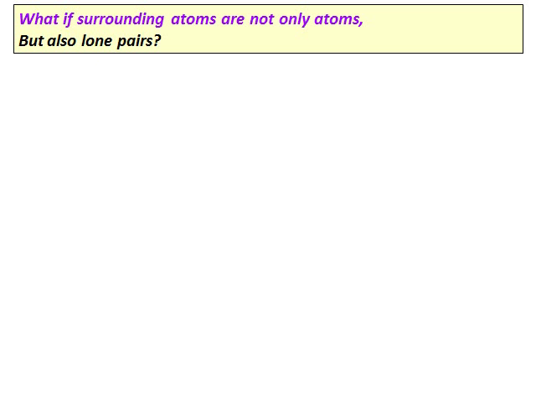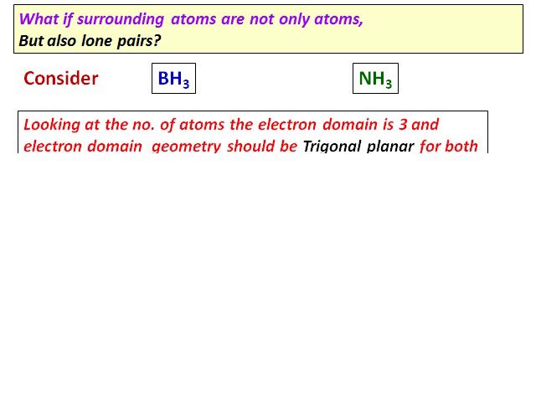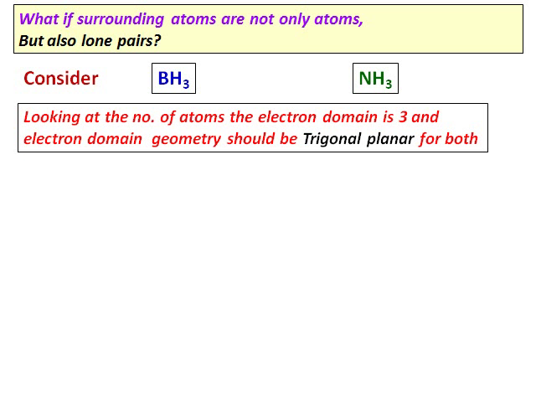So continuing with it, we will learn if the surrounding domains are not only atoms, we have lone pairs also, how will the shape change? Consider 2 molecules. One we are going to consider is BH3, and the other one is ammonia, NH3. Looking at the 2 molecules, they look like AB3 type molecules, hence the electron domain geometry should be trigonal planar for both.